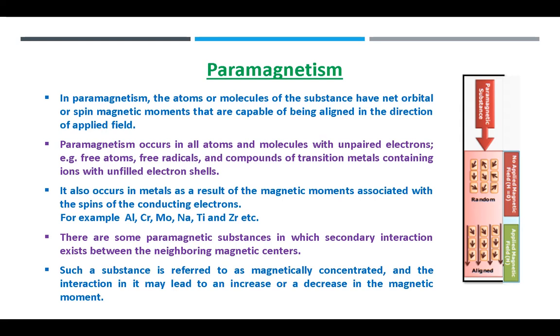There are some paramagnetic substances in which secondary interaction exists between neighboring magnetic centers. Such a substance is referred to as magnetically concentrated, and the interaction in it may lead to an increase or a decrease in the magnetic moment.